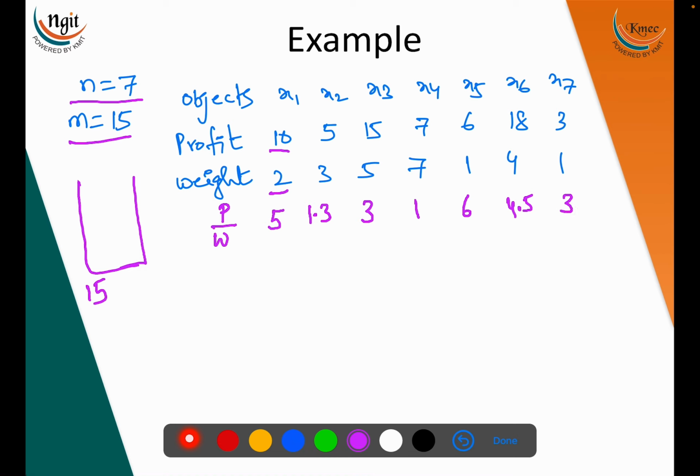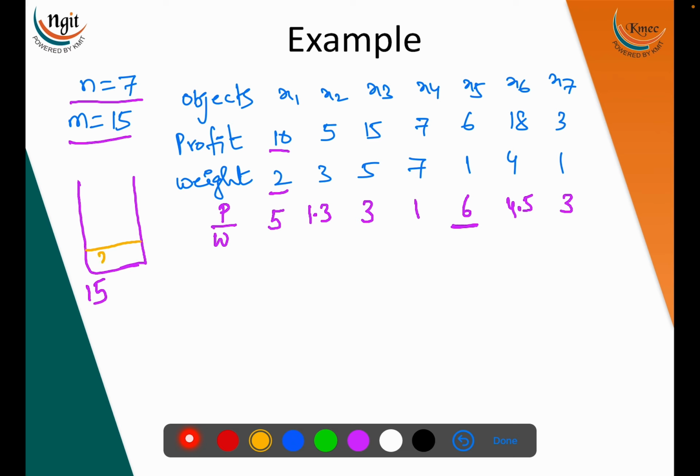Now after you found this P by W, whichever ratio of P by W is more, that item will get placed inside of the bag. So let us take this 5 as X1, X2 is 1.3, and so on. 6 is X5.